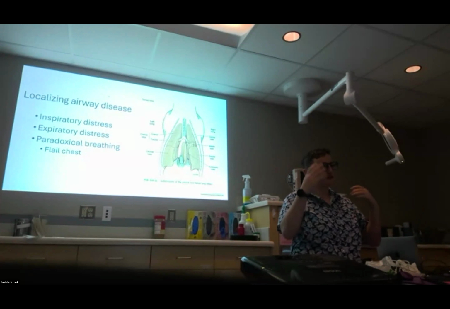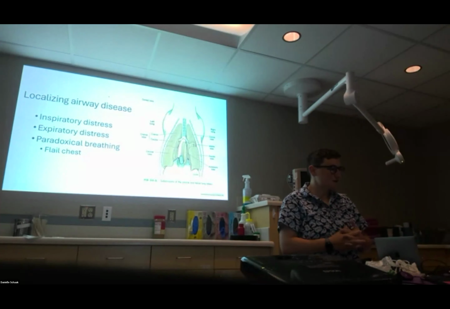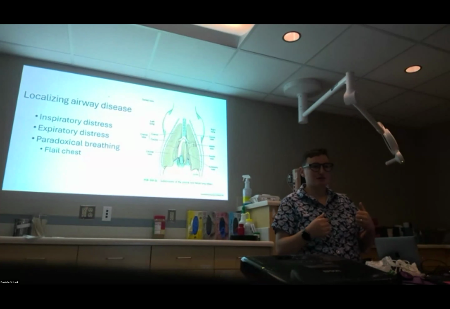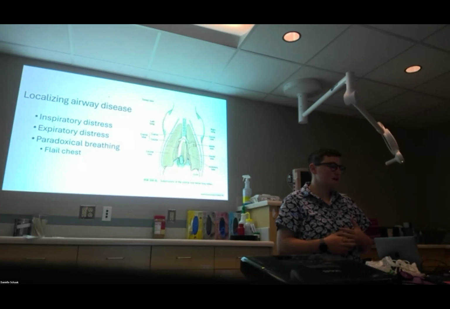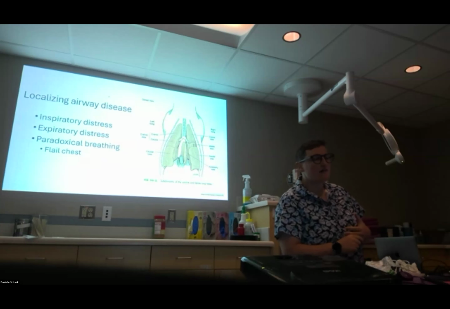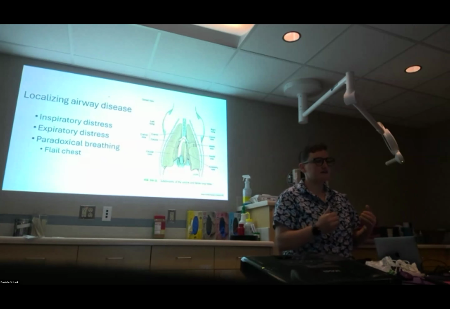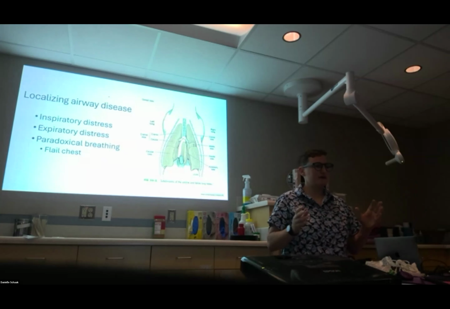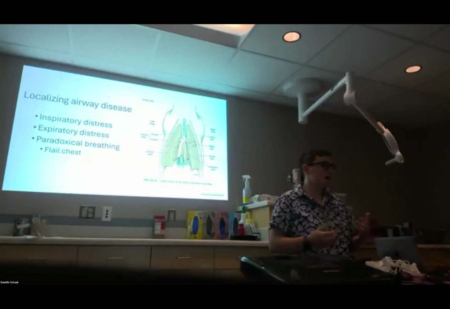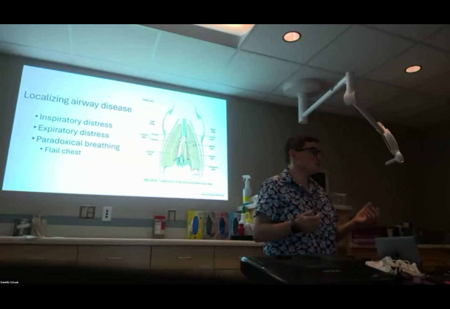Infectious pneumonia can also sometimes be out there or in the cranial dorsal, and aspiration tends to be more in the cranioventral or right middle. What is really important when we start looking at these cases is trying to identify where in the respiratory portion you're looking, because it helps rule in or out certain disease processes.